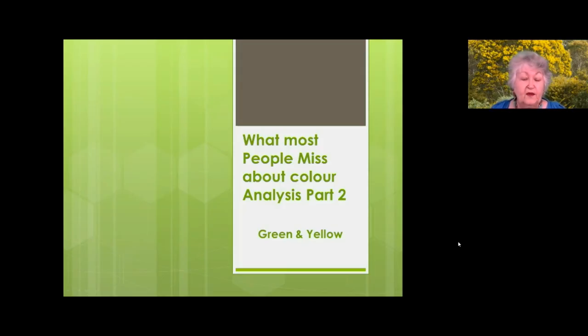And those form in a particular order. And it's that order that we'll be examining these colours as we go through this series on what most people miss about colour analysis. Black and white are considered to be the basic colours, and red derives from highly emotive experiences. And for that, again, I'd advise you to go back to see the previous video. I'll leave a link to that in the notes below.